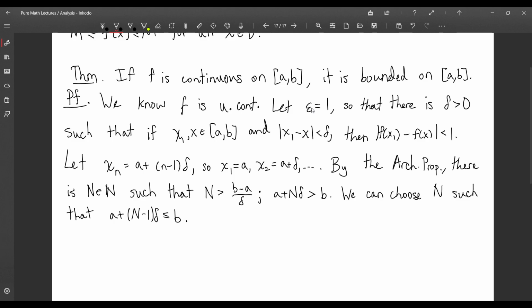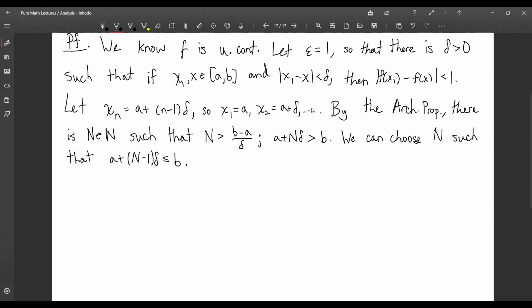So it has to be true up until some point, and after that point it will be greater. Thus x sub 1 all the way through x sub n are elements of [a, b]. Okay.